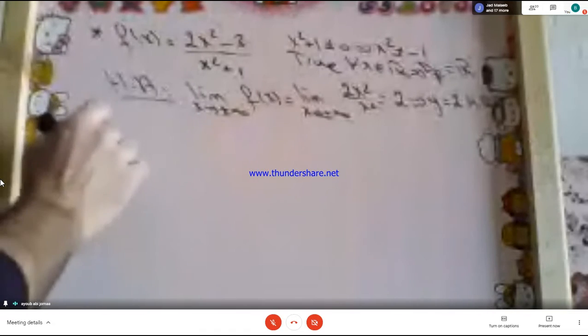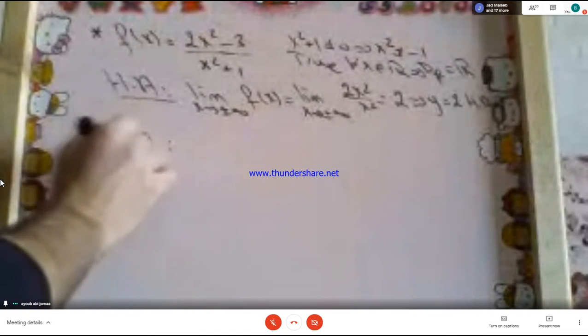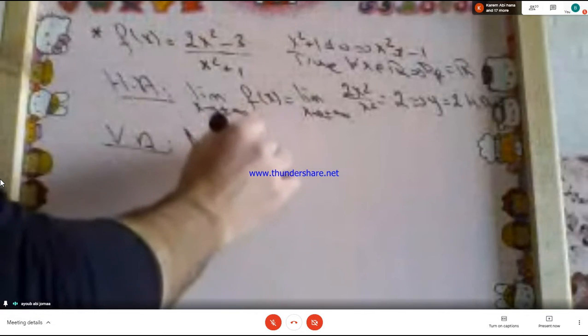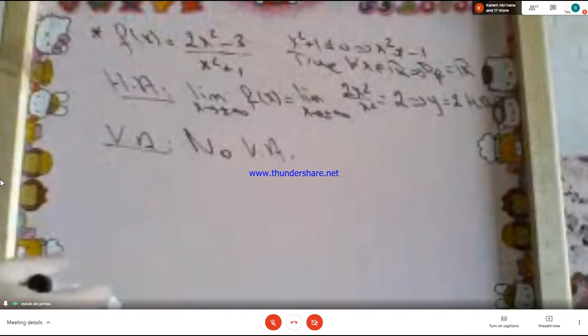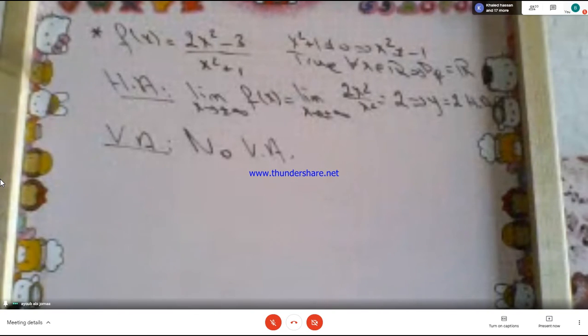So for the vertical asymptote, no vertical asymptote. To show you the graph of this function.